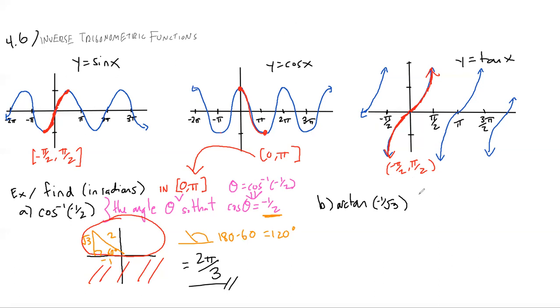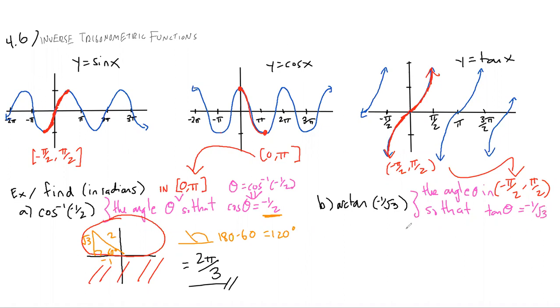Okay, so arctan of -1/√3. This is going to be the angle theta in specifically the restricted domain of tan, so that tan theta is -1/√3.